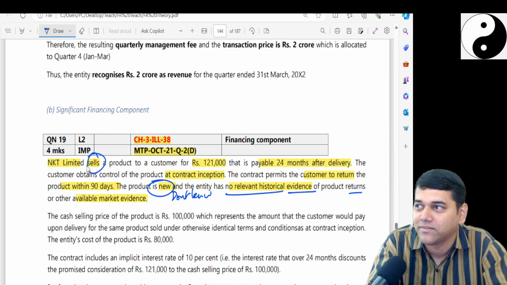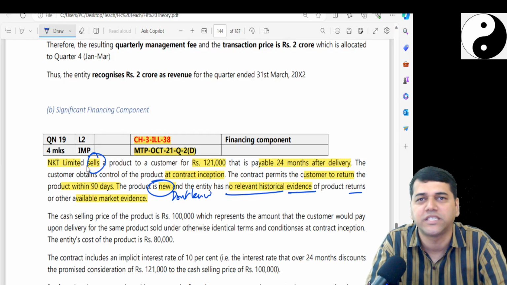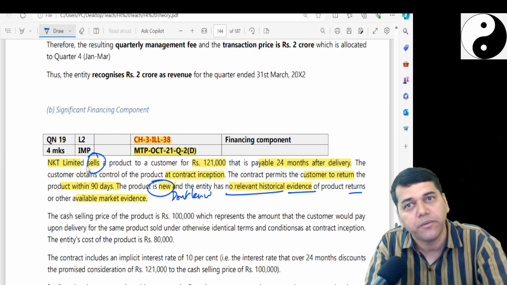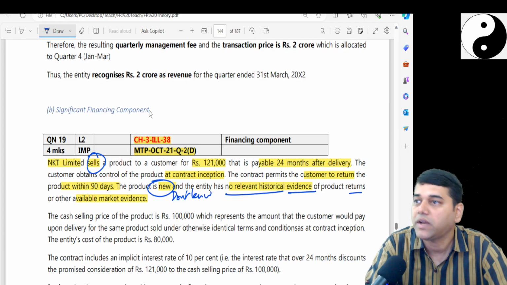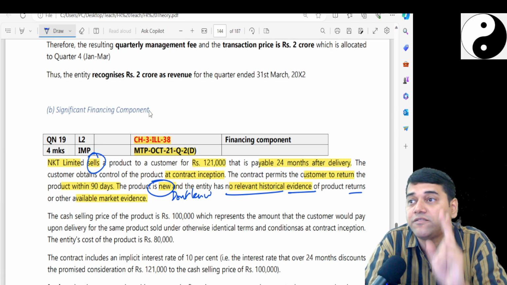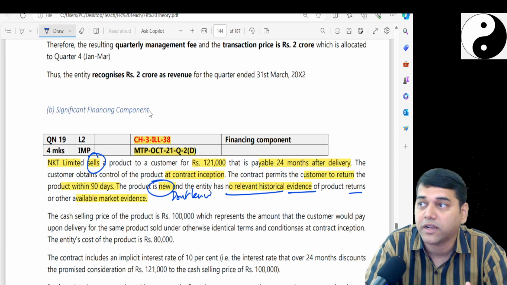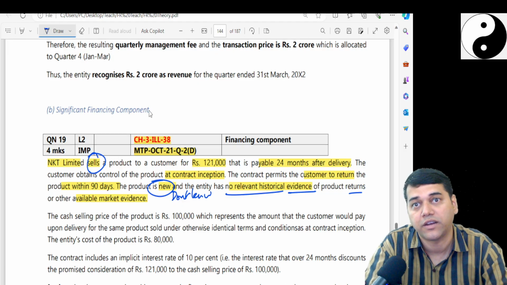One. Distinct or series of distinct? Assume distinct. I have fulfilled my performance obligation now, but I can't pass the revenue entry now. Why? Because I don't know whether he is going to return to me or not. So I have to wait for the next 90 days. My accounting entry for revenue will happen only on the expiry of 90 days.